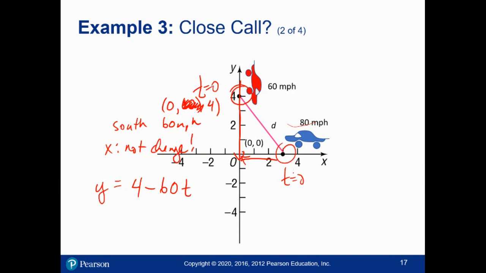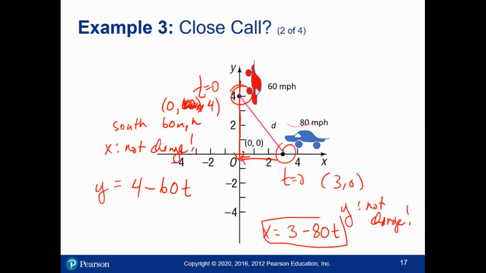So similarly, what about the blue car? Okay, it starts at 3, 0. The y-coordinate is not changing, but the x-coordinate starts at 3 and goes down at a rate of 80 miles per hour. So this is x is equal to 3 minus 80t, and y is 0.